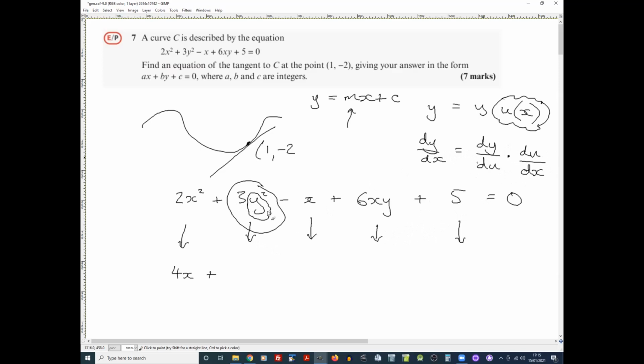When you're doing stuff like this, there's no need to write out u. You just say to yourself, I'm differentiating first with respect to the inner function, which in this case is y. That's a bit confusing because the outer function is 3 squared of stuff, not y. We'd have to call that something else, like z equals 3y squared.